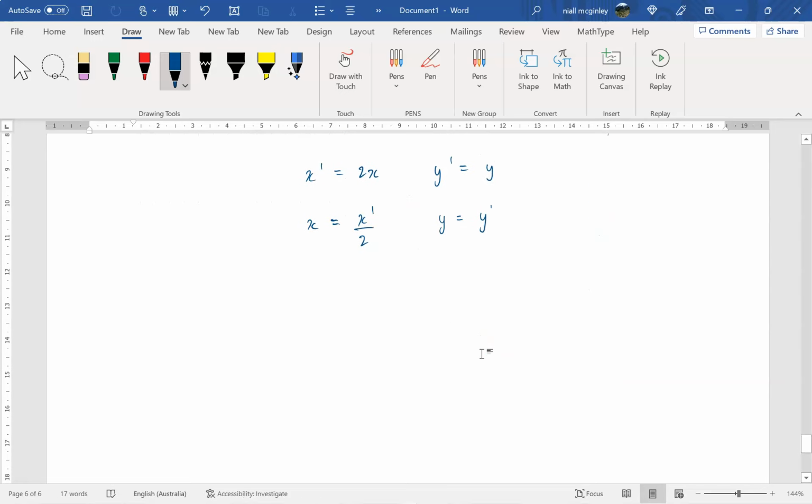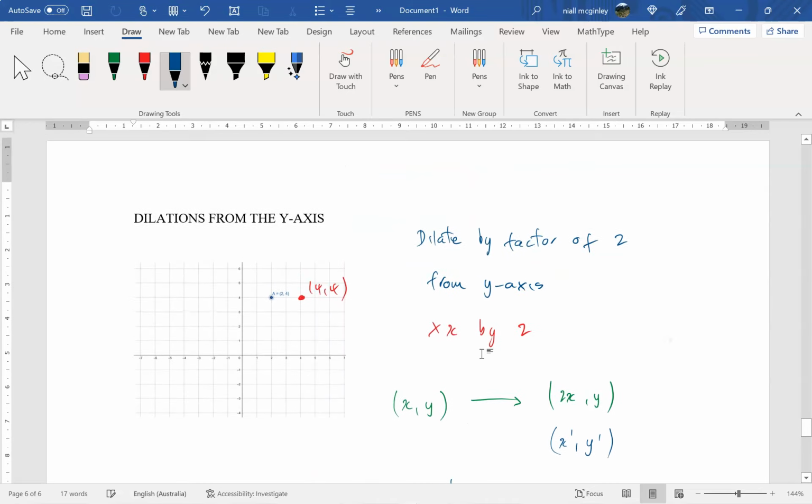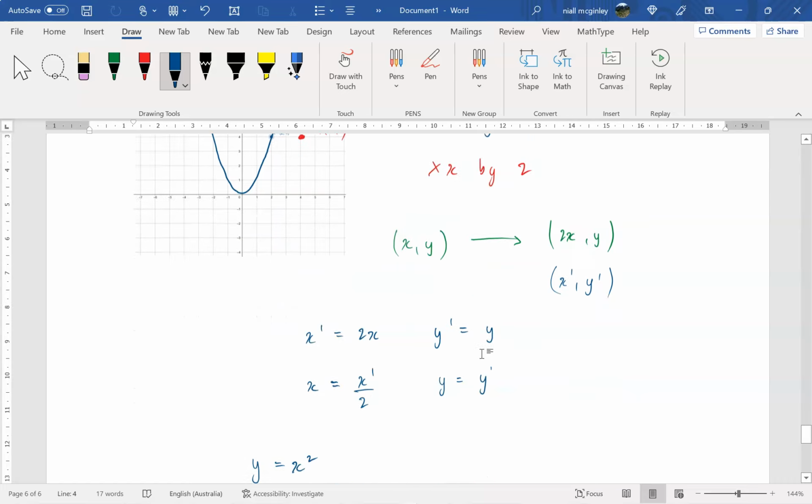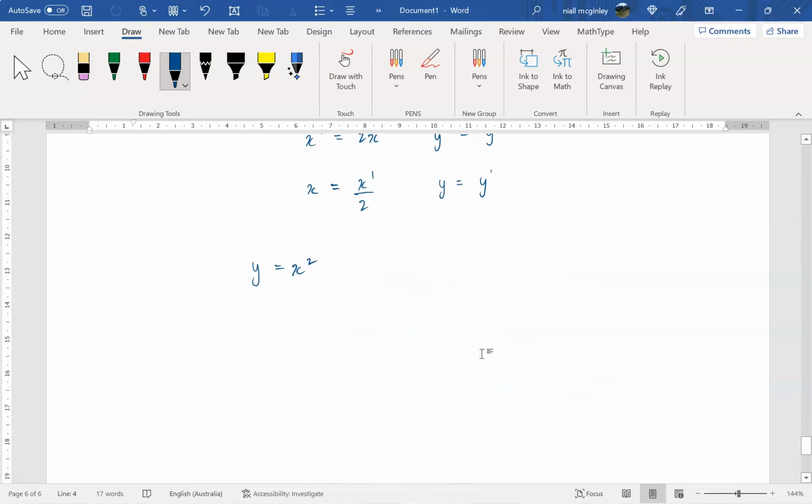If we look at our function again, we've got y = x squared, which the point (2, 4) lies on. We do the same transformation on this function and make sure the transformed point lies on my transformed function. I replace y with y', so that stays the same, but you replace x with x over 2.